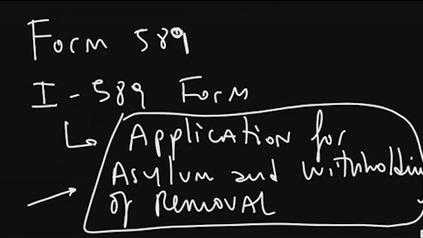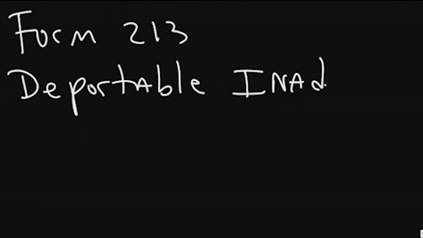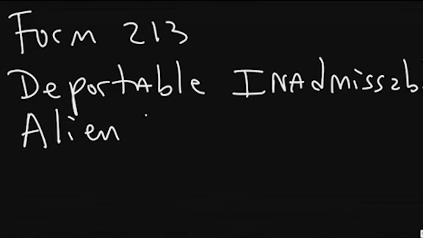Another one is Form 213. A Form 213 stands for the I-213 form, and it is known as the deportable, inadmissible alien form, really.